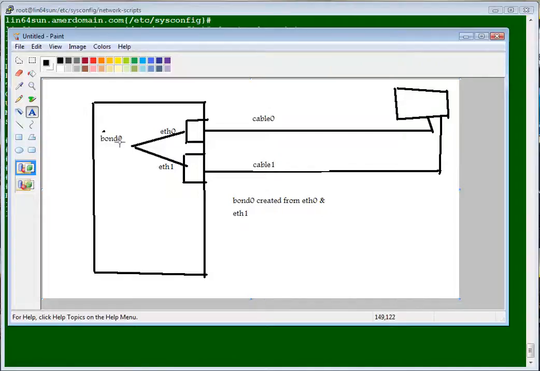Bond 0 is now an Ethernet card for the machine, and in this bond 0 configuration file we are internally adding Ethernet 0 and Ethernet 1. Now you understood?